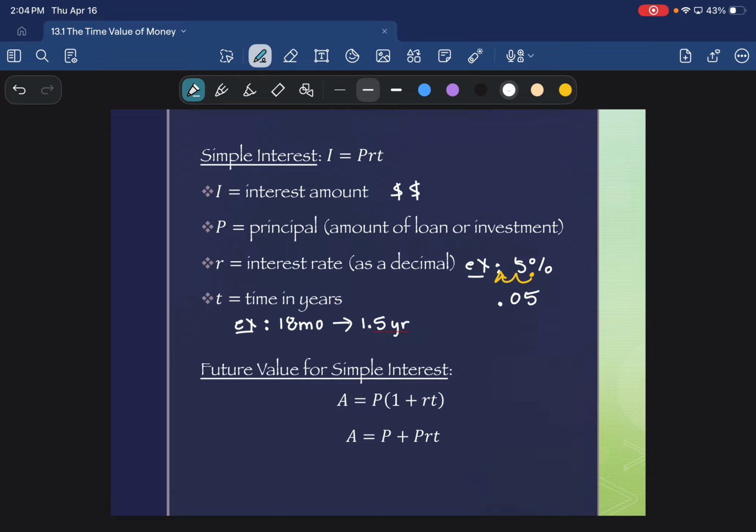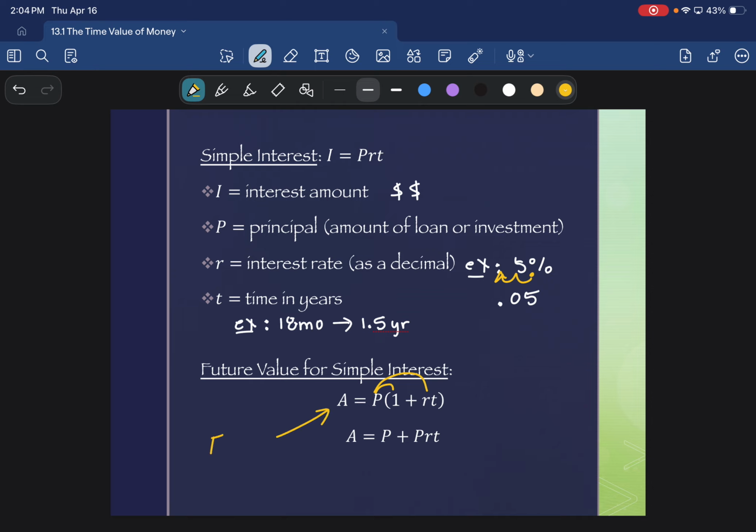There's two formulas, but they're really the same formula, just presented differently. The first one is A equals P times (1 plus RT). And if you were to distribute the P through, you'd have the second formula, which is A equals P plus PRT.